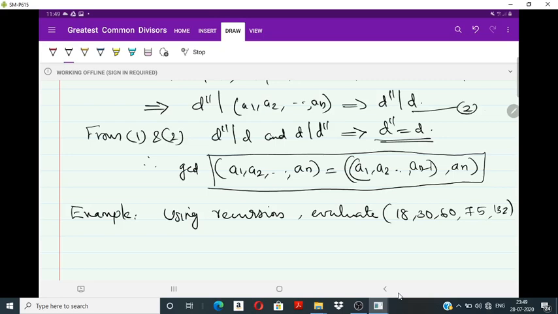Okay, this we have to evaluate using the recursion formula. So GCD of 18, 30, 60, 75, 132. By recursion formula, this is the same as GCD of GCD of 18, 30, 60, 75, comma 132.